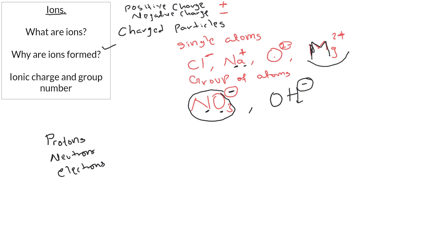Now, these are the three major subatomic particles. Two of them, the proton and the neutron, can be found in the nucleus of the atom, while electrons, we say, are in orbit around the atom.